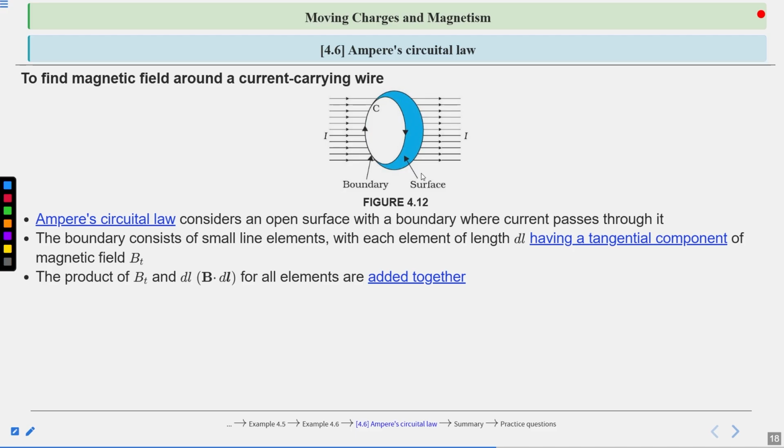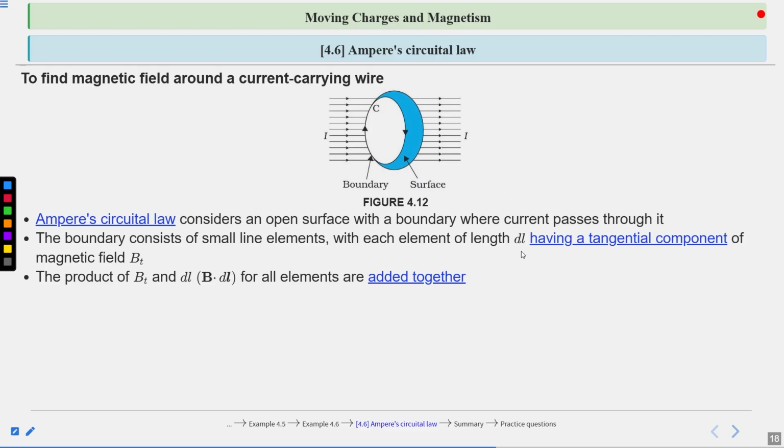The magnetic field B_t will have a tangential component along each element dl. Got it? So their B dot dl will be the dot product, B dl cos theta. Since the tangential component B_t is along dl, B dl cos theta will become B dl cos 0 degree, because B_t is tangential to dl at every small element dl.